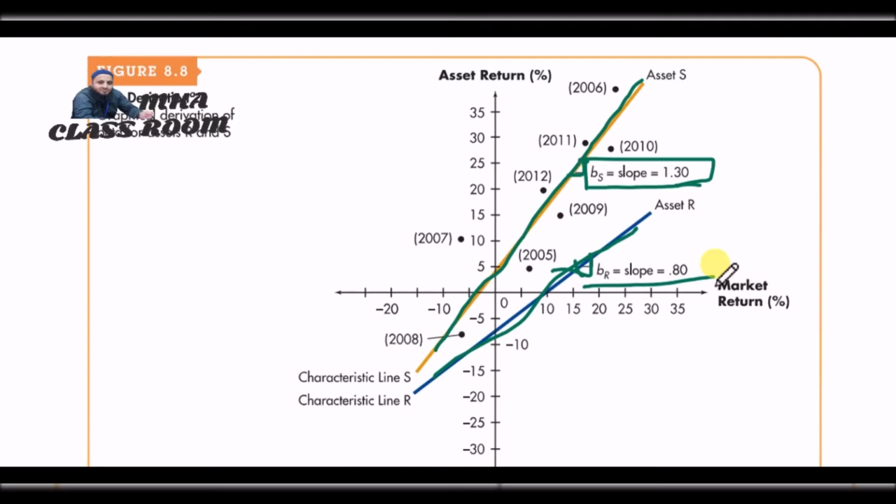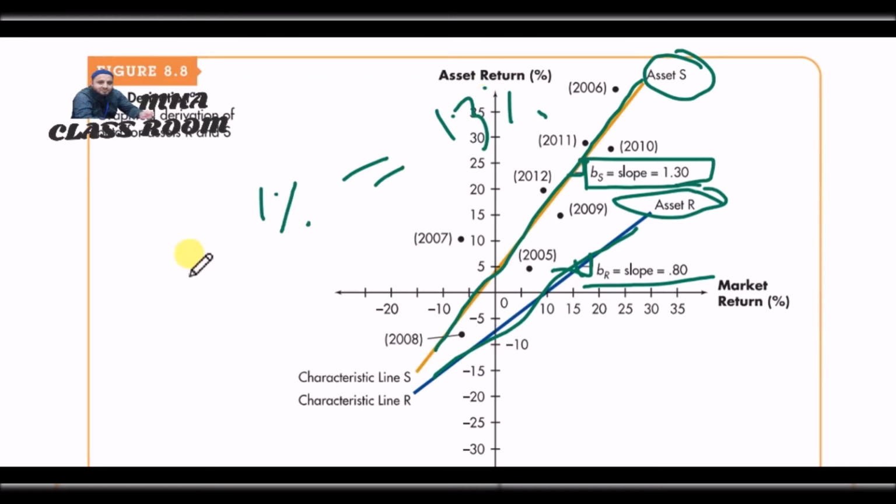If the market return changes, then it responds more than asset R. That's why asset S has more risk than asset R, because if the market changes 1%, then asset S changes 1.3%.